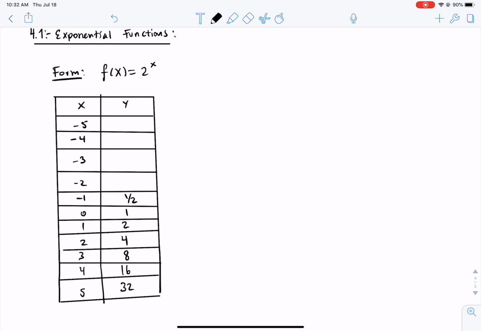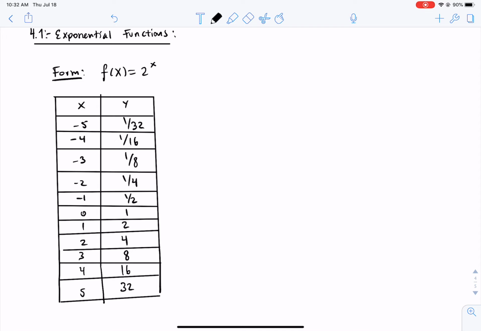Plug in -2: 1/4, which is 0.25. And this will be 1/8, which I believe is 0.125. And then this one is 1/16, I think it's 0.0625, something like that. And then this will be 1/32.